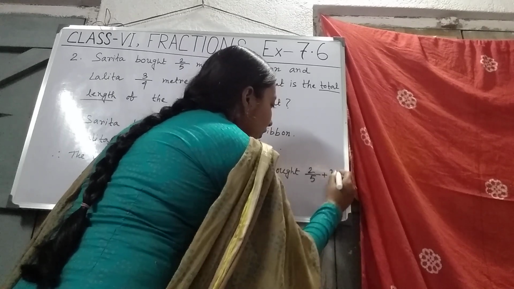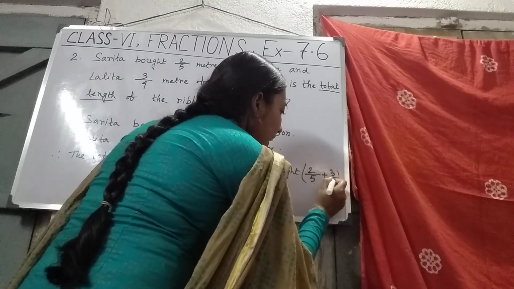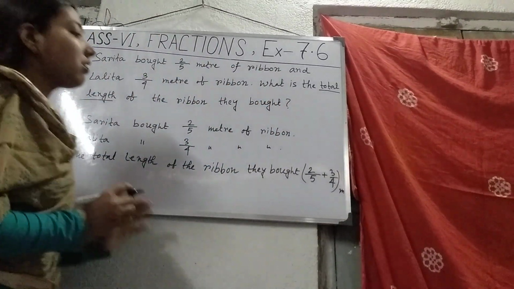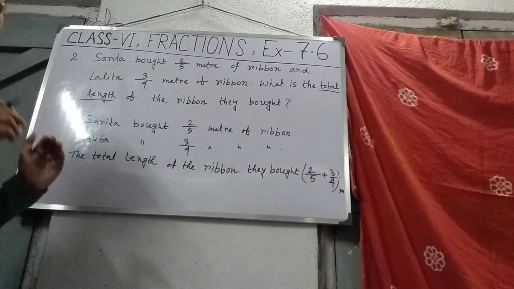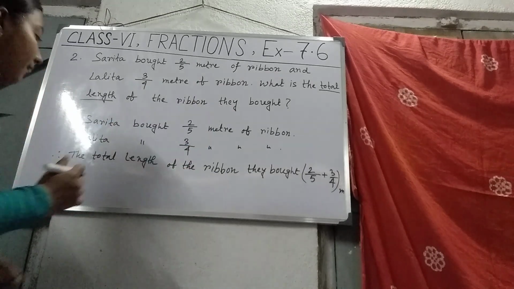Okay. 2 upon 5 meter plus 3 upon 4 meter. Okay. Now see here, both the denominators are different. So at first you have to take the LCM of its denominator.